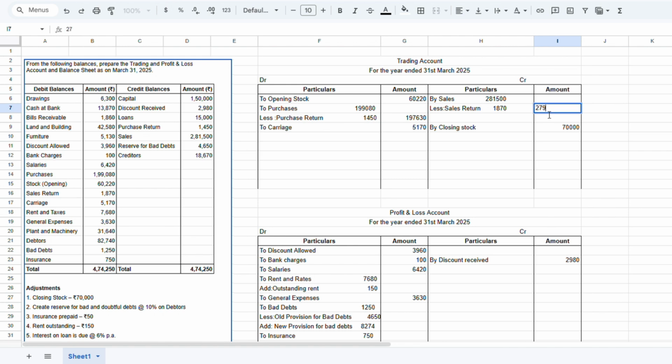And here 2,81,500 minus 1,870, that is 2,79,630. So the total is 3,49,630. Credit side is more. 3,49,630 on both sides.